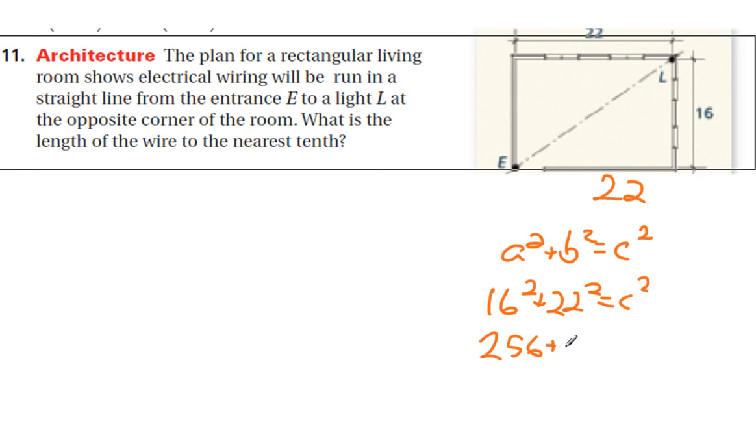Bad at math. 256 plus 484. That's 0, 14, 740. So the square root of 740, goes my calculator. Boring. I don't know. I'll let you figure that out.